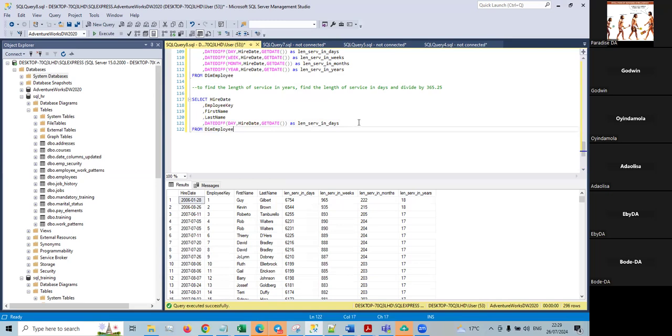If we decide to divide this bit here by 365, so this becomes the exact length of service in years.